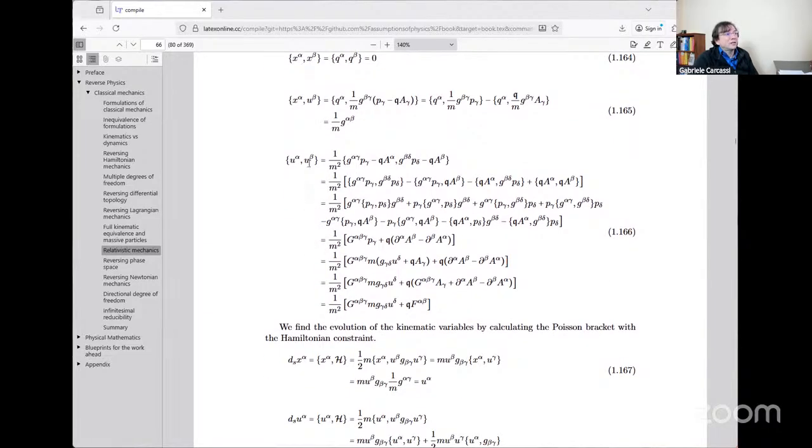And then the other thing that you need is the Poisson bracket between velocity and velocity. And again, this is just computation. There is nothing strange about this. When you're all done, you get essentially the upper version of G contracted with the four-velocity, and the upper version of the M field.